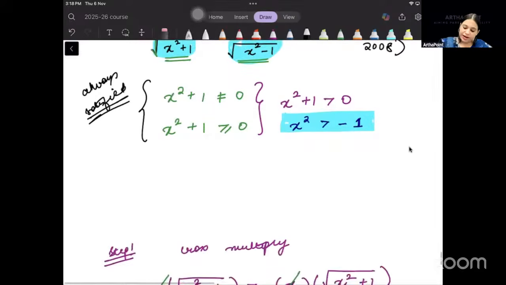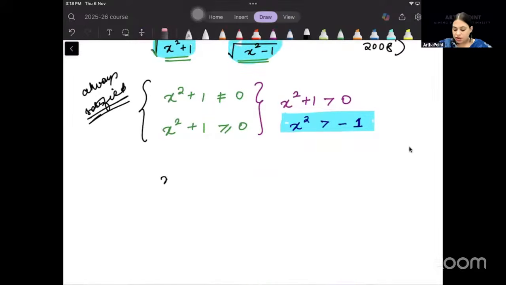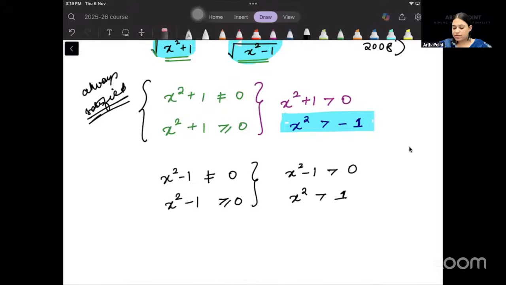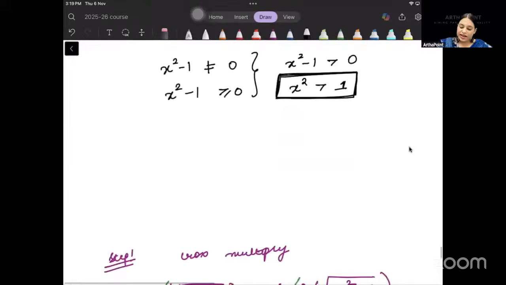अब x square minus 1 पे आ जाते हैं बेटा. X square minus 1, since this is in the denominator, not equal to 0. And since this is under root, it has to be non-negative. If I club these two together, x square minus 1 should be greater than 0. X square should be greater than 1. So when x square is greater than 1, what do I get?